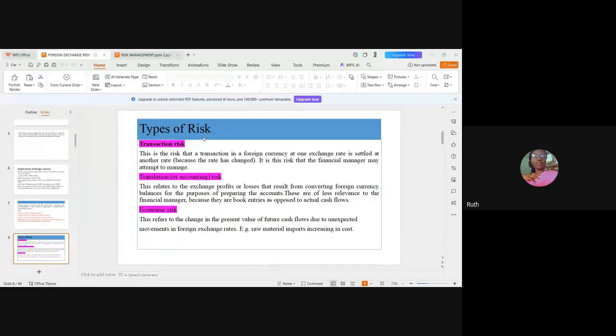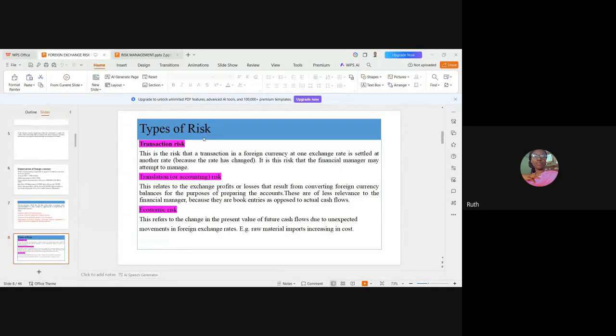And then translation risks, this is the risk that occurs as a result of a subsidiary company trying to convert into its parent company. So for reporting purposes, this is accounting risk.